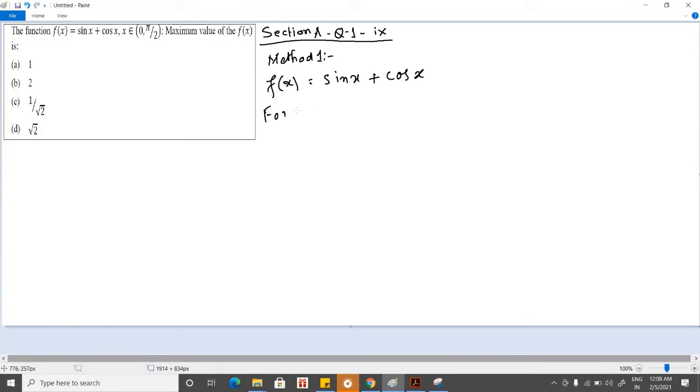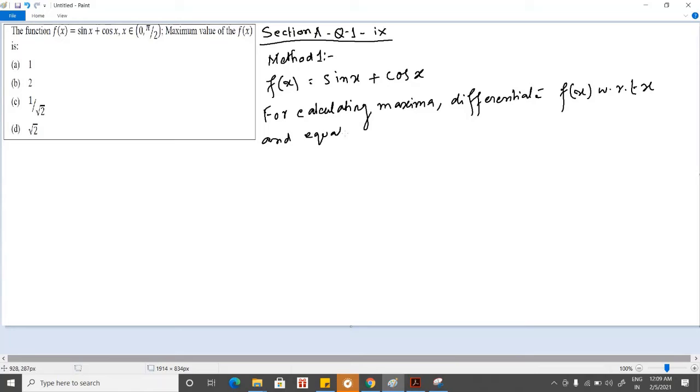So for calculating the maxima, differentiate f(x) with respect to x and equate it to 0.